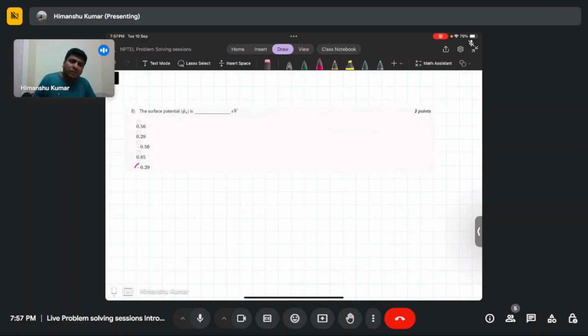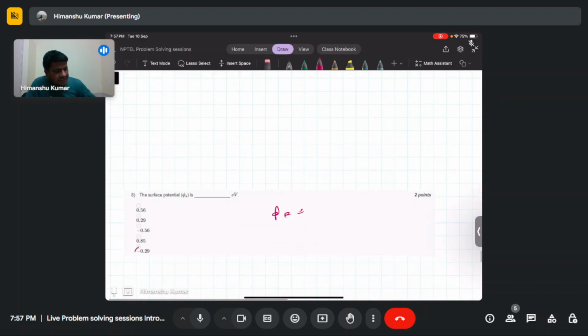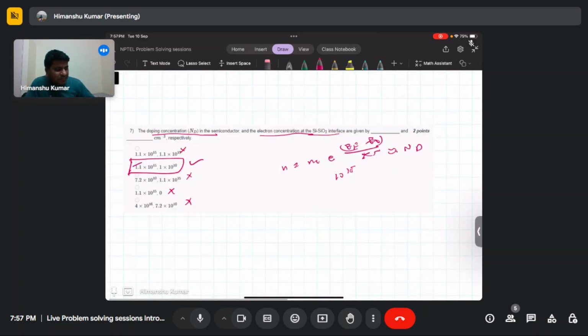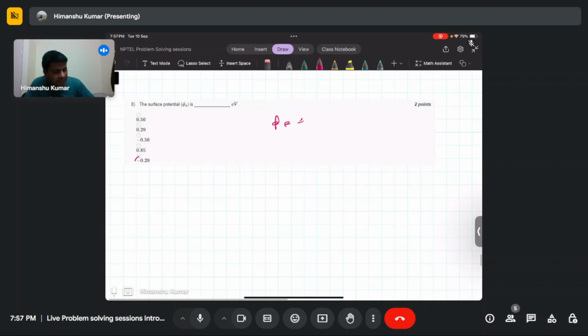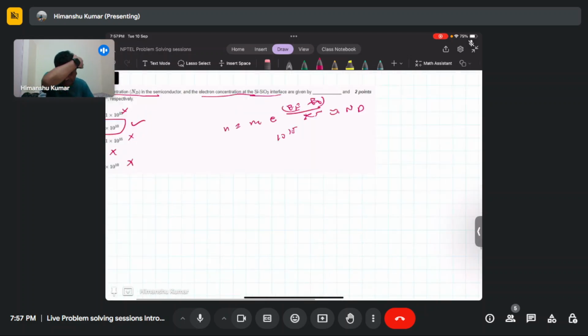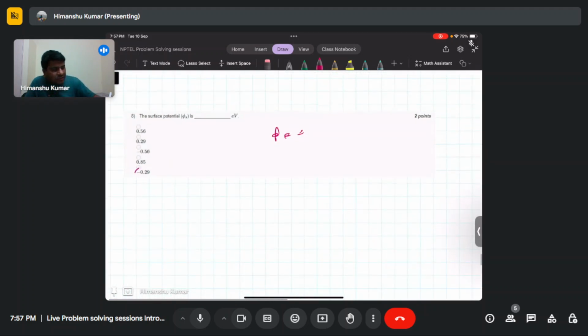So now the surface potential. Phi f you can calculate as basically minus of ei minus ef by q. The surface potential is negative because, with respect to ef, the ei is in the negative direction, so the surface potential is minus 0.29 electron volt.